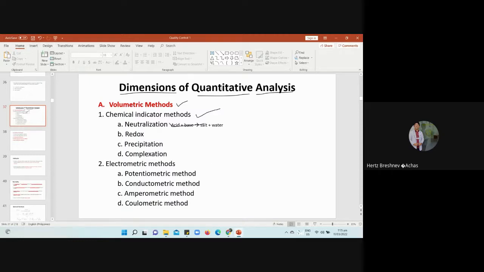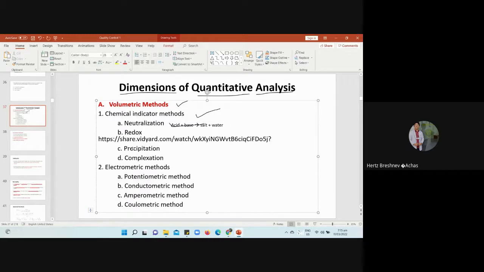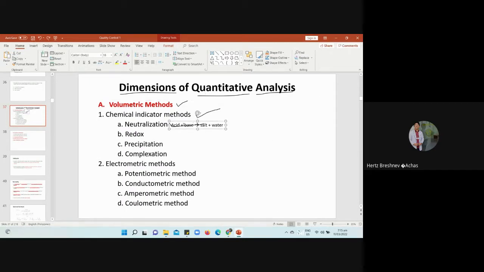Next is the redox. Redox is another method to identify the quantity of the substance in liquid state, with a different principle, in other words, a different process. The process of redox involves the transfer or gain of electrons in order to identify quantity.